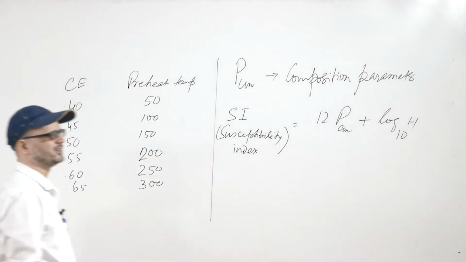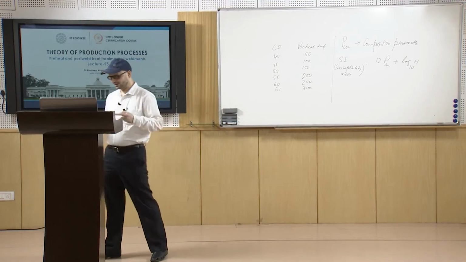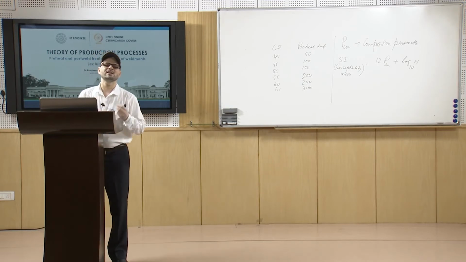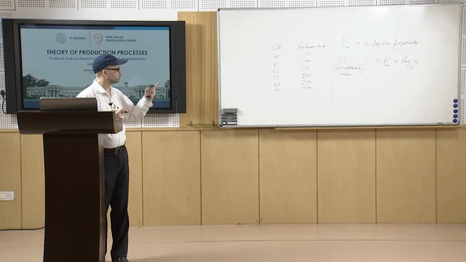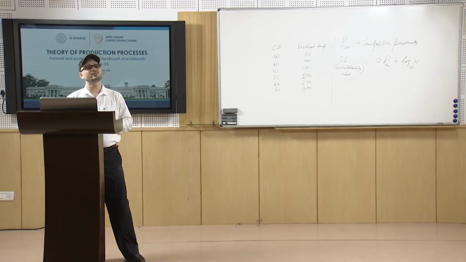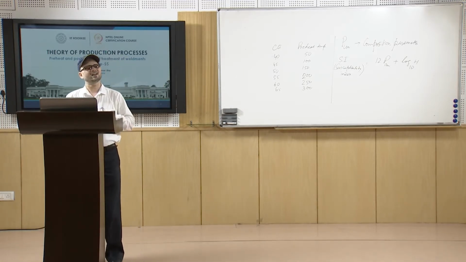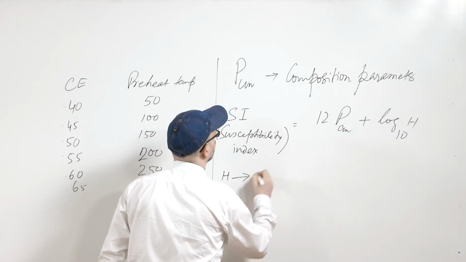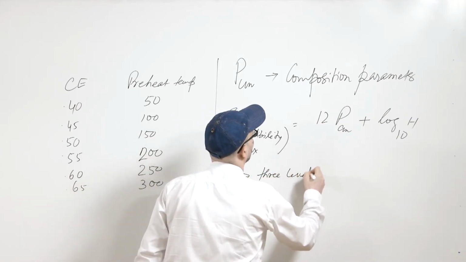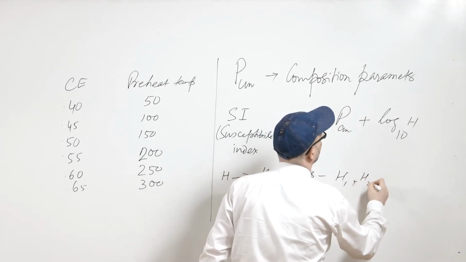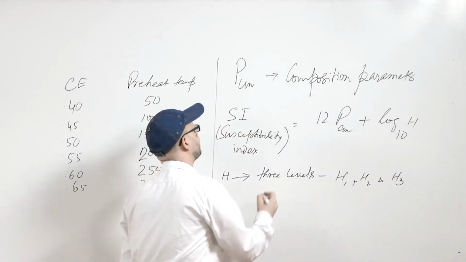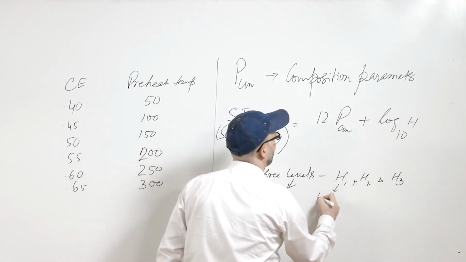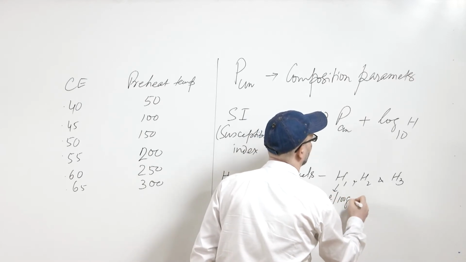Now, this H is basically the level of hydrogen, and you have levels of hydrogen like H1, H2 or H3. H1 means you have 5 milliliter per 100 gram of weld metal, then H2 has 10 milliliter per 100 gram, and H3 has 30 milliliter per 100 gram. So, H has 3 levels, H1, H2 and H3.